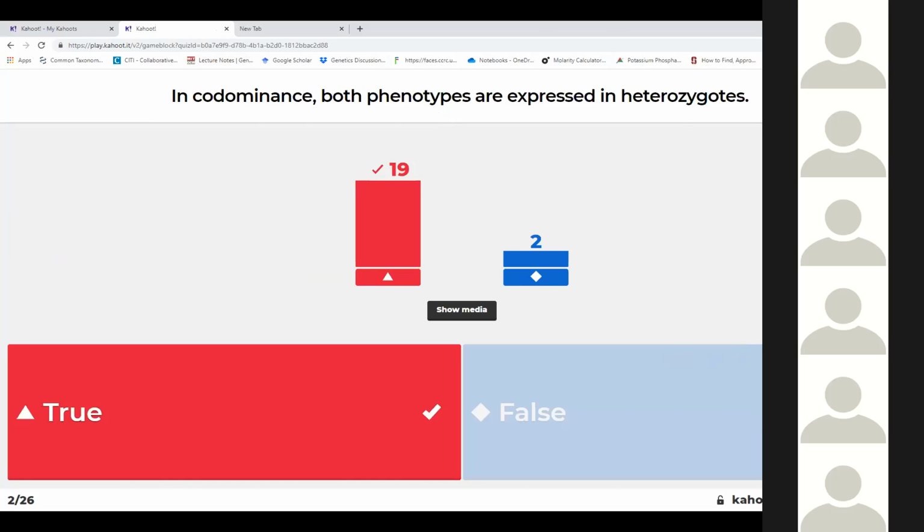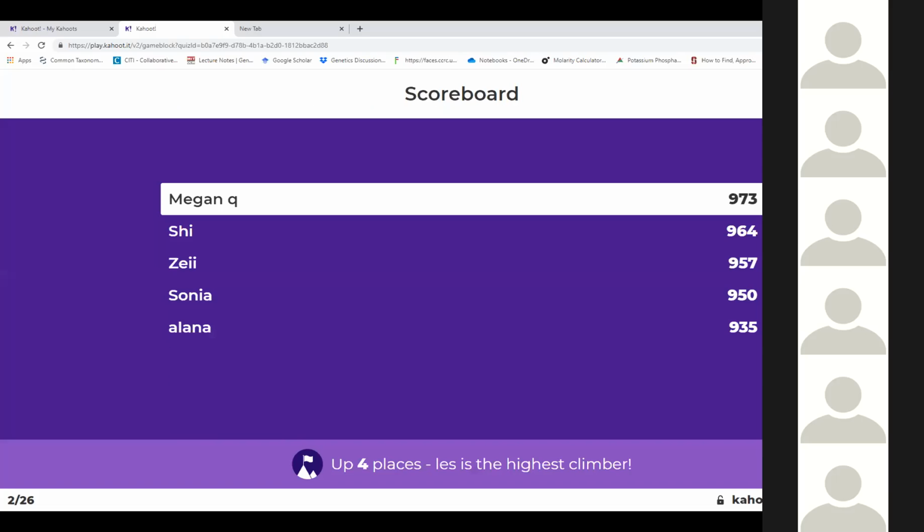Both phenotypes are expressed in heterozygotes. Just make sure you guys remember that part. There's the difference between incomplete dominance and codominance. Incomplete dominance is where you have the intermediate, right? And then codominance, it's like the blood groups, like the AB blood type, right? We're cool with this one, right? Yeah, okay.